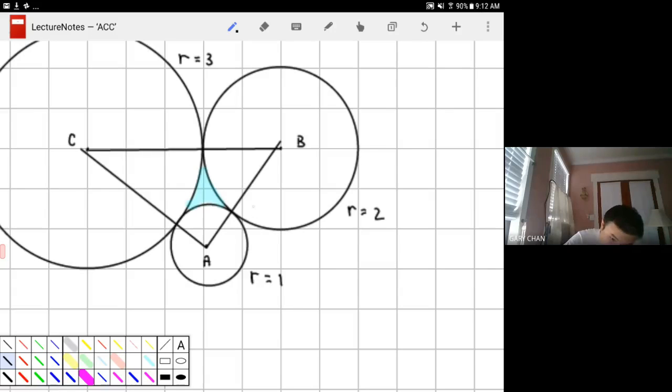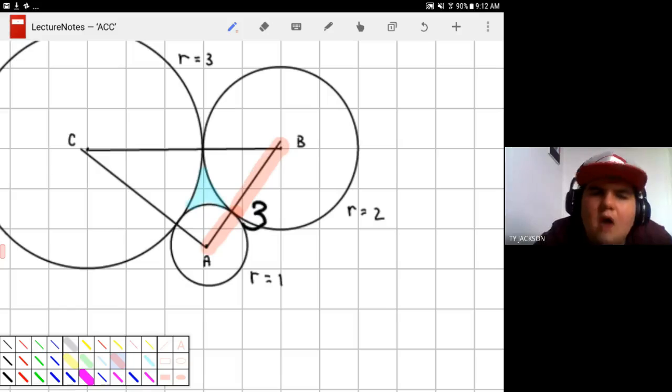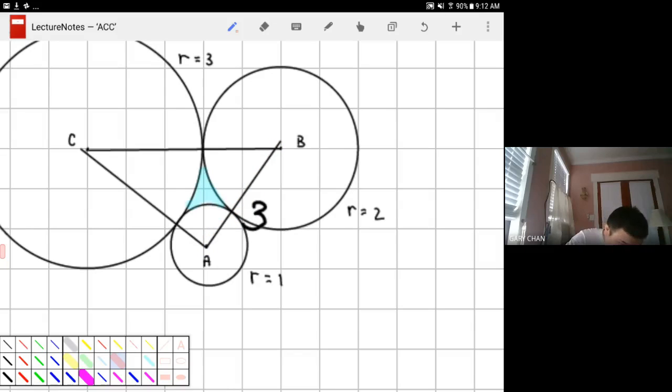Sasha got it right, because this segment's radius is 1, and that one's 2. So therefore, what about this segment here? That's 4.